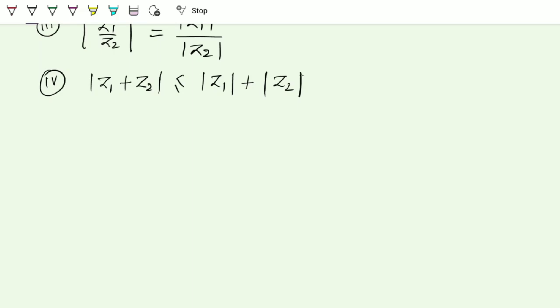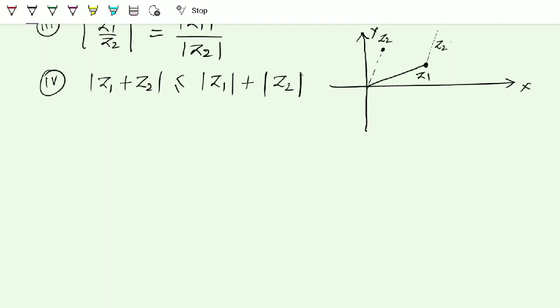To prove this, let us consider these points on the xy plane. We draw z1, and let us take z2 to be this. So for adding z1 and z2, let us shift z2 here. The length of this section will be given by mod z2.